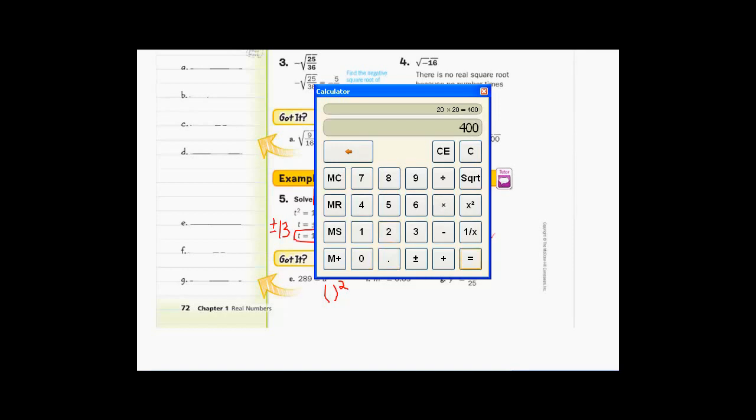So you know it has to be somewhere between 15 and 20. So let's try 16 times 16. 256. Nope. 17 times 17. 289. So I know that it's 17, but I could also square negative 17. So my answer, plus or minus 17.